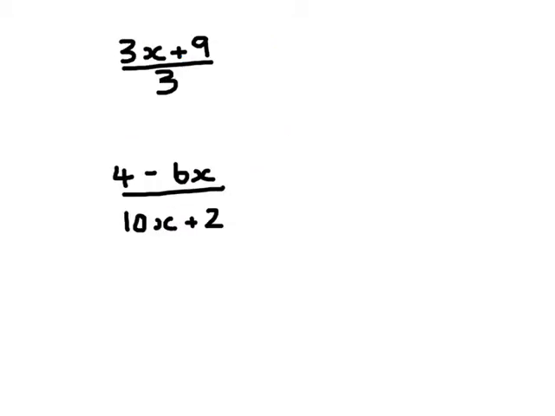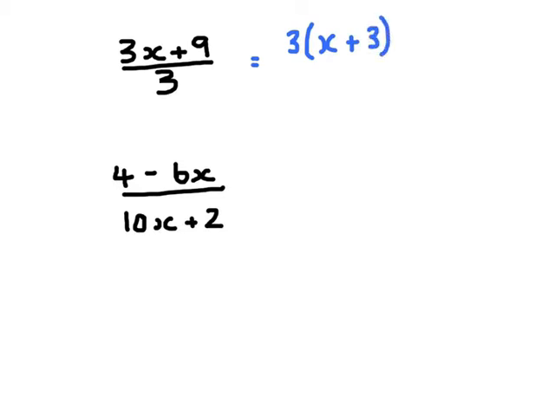So this bit here, the common factor is maybe obvious, may not be obvious, but what we can do is take a common factor outside, just to show we know exactly what we're doing. On the top, the common factor is 3, so I'm just going to factorise that. So I've got 3 lots of, and that would have to be x plus 3.